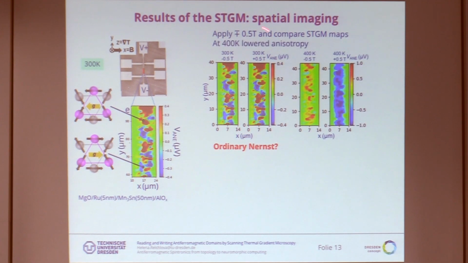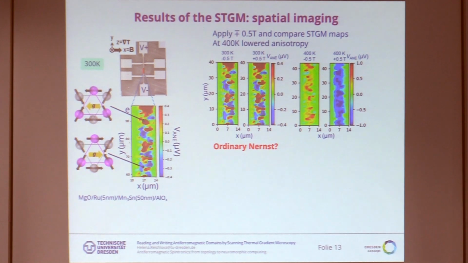And indeed, when we went to 400 K and repeated exactly the same experiment, then we suddenly saw clearly blue, clearly yellow, which corresponds to positive and negative anomalous Nernst voltage. So we were really convinced that our signal is of magnetic origin. Then we also knew that the in-plane gradient and out-of-plane magnetic field also gives some response, which is linear, which is some sort of ordinary Nernst effect.